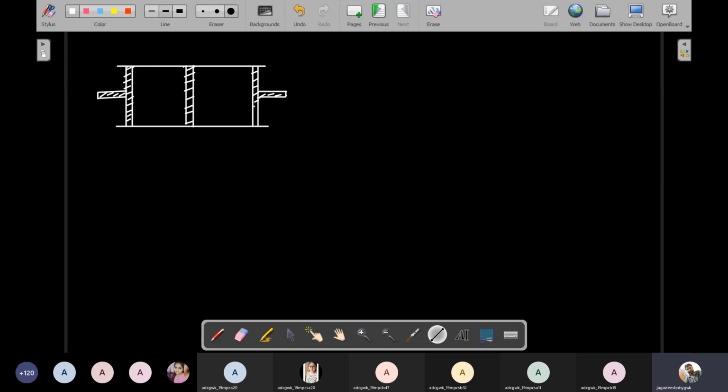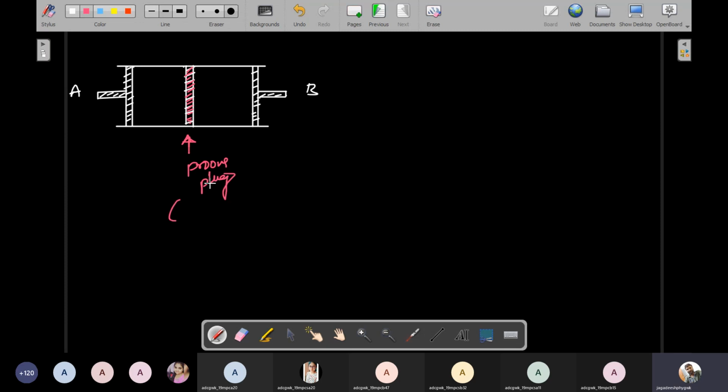See, this is piston A and this is piston B. Now this is the porous plug. I'll use another color for the porous plug.